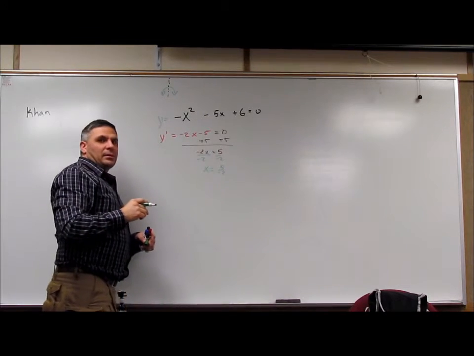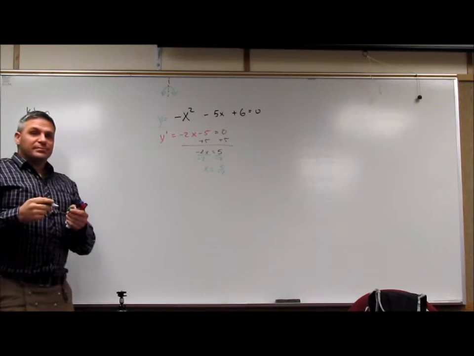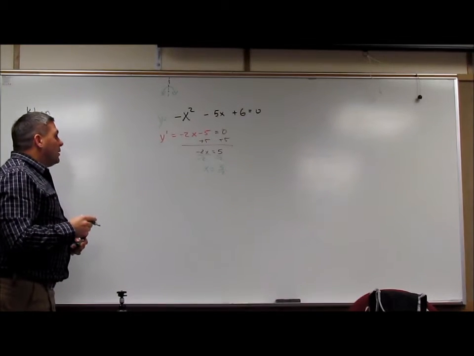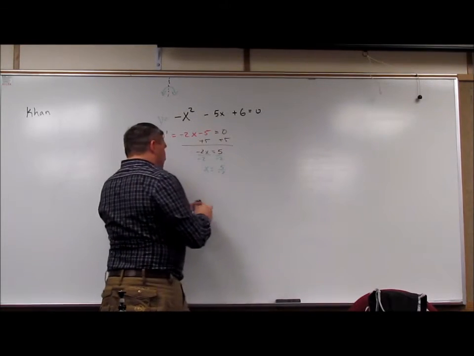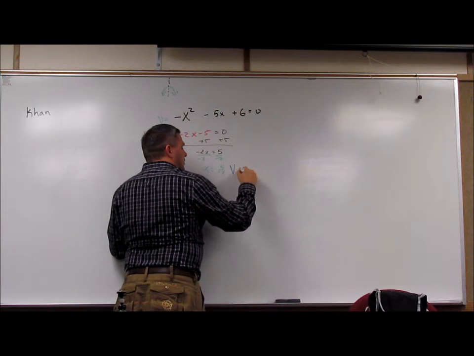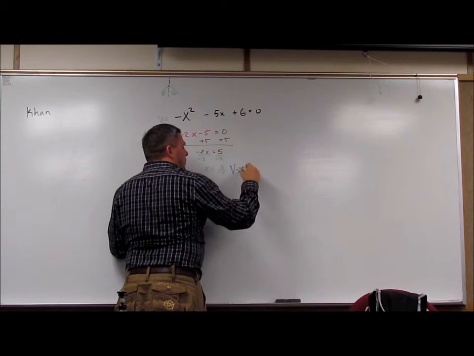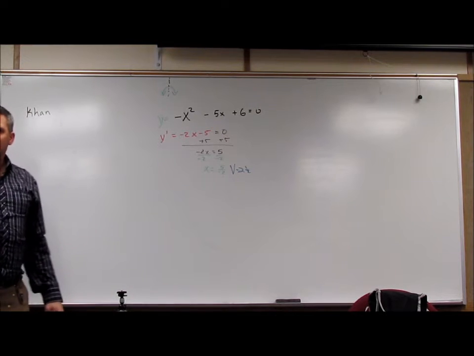Okay? And that's to find the axis of symmetry. Okay, and so the axis of symmetry, I can also say it's negative 2 and 1/2. Does that make sense? So it's negative 2 and 1/2.